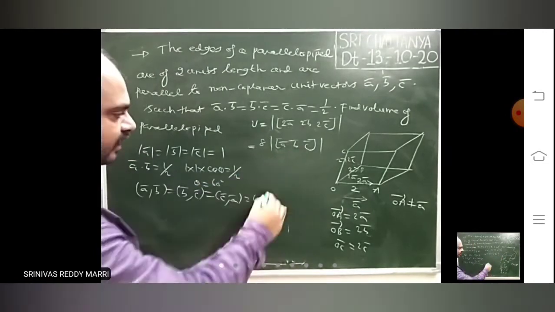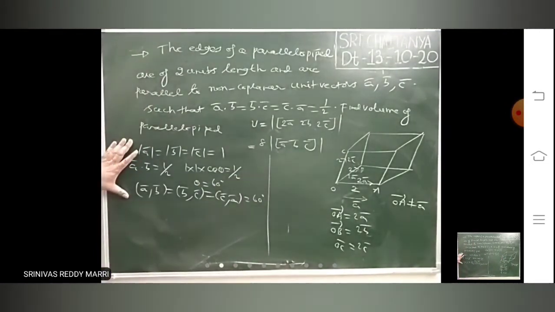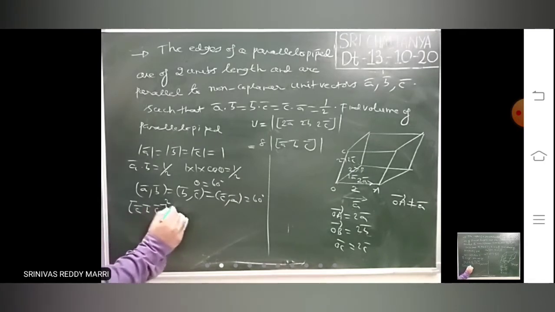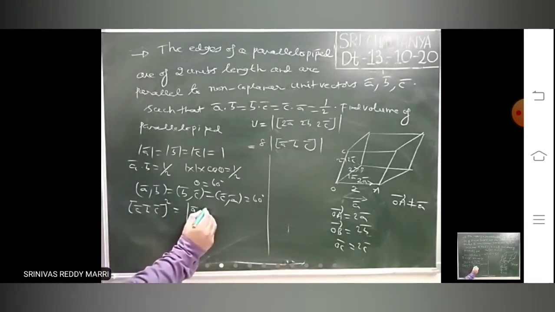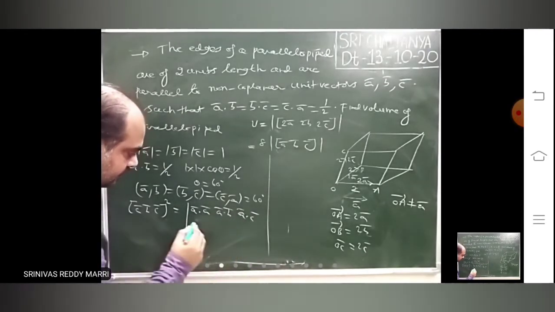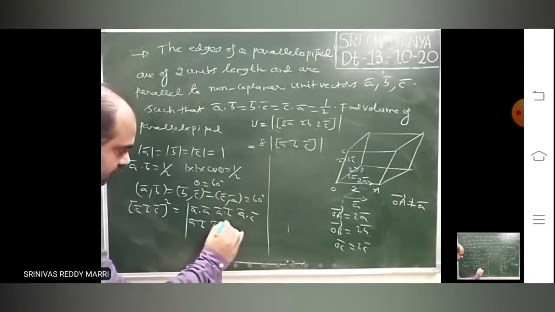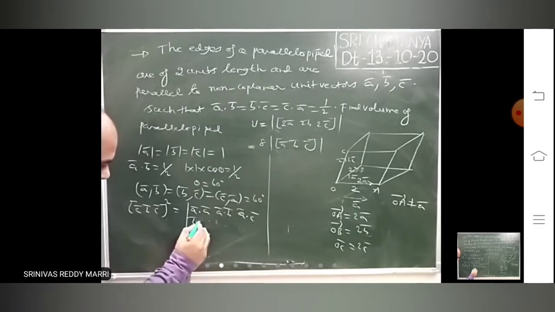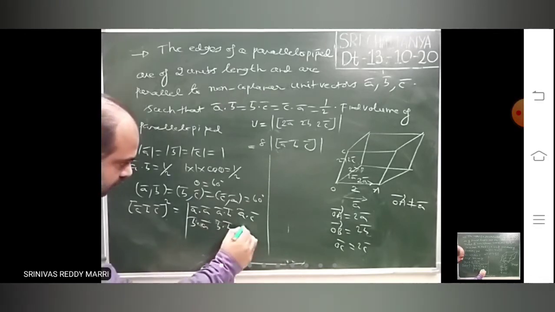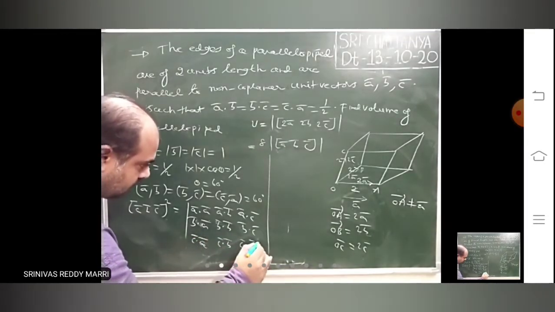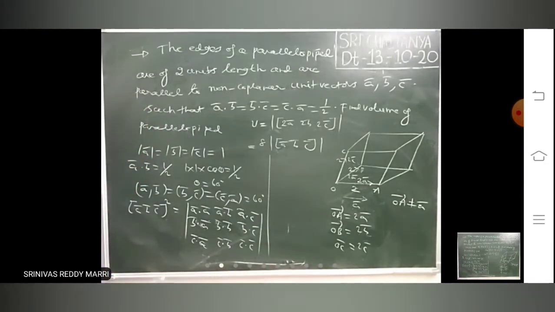Now here you require box ABC. In that case, you know this information. So calculate box of A bar, B bar, C bar whole square by using the formula. By using this formula, you calculate.